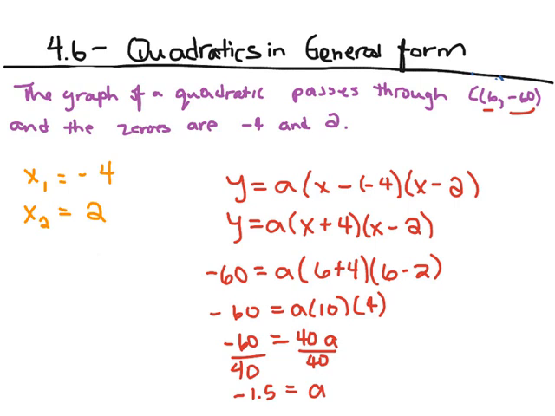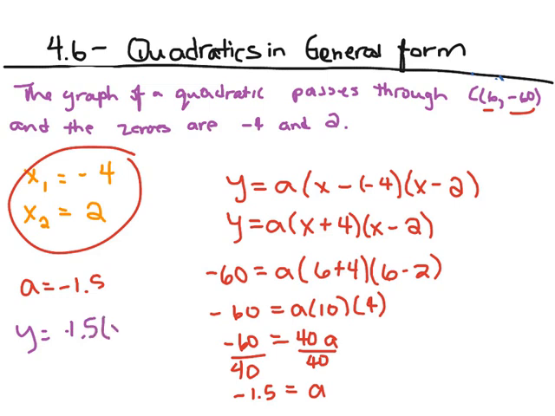So now that we know our a, our x1, and our x2, our equation is y equals negative 1.5. Let me write this on the side. y equals negative 1.5 times x plus 4 times x minus 2.